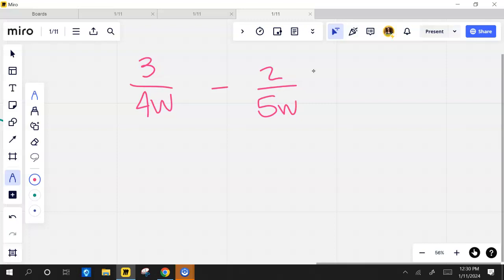Listen. What is the least common denominator here? 20W. You don't need W squared, right? I don't need to put them together. They've already got a W. So my LCD here would be 20W. Everybody okay with that? So what does the first fraction need?